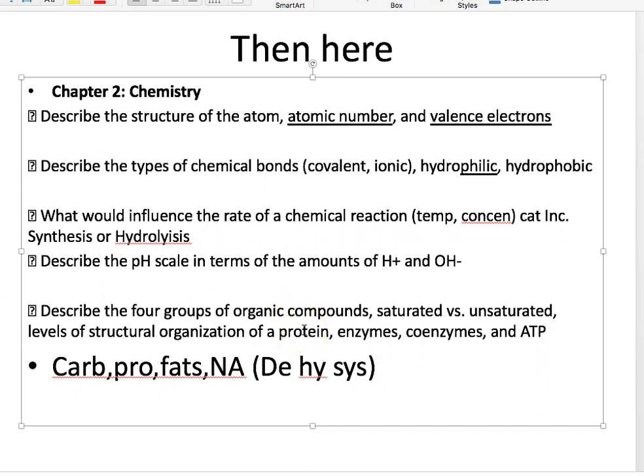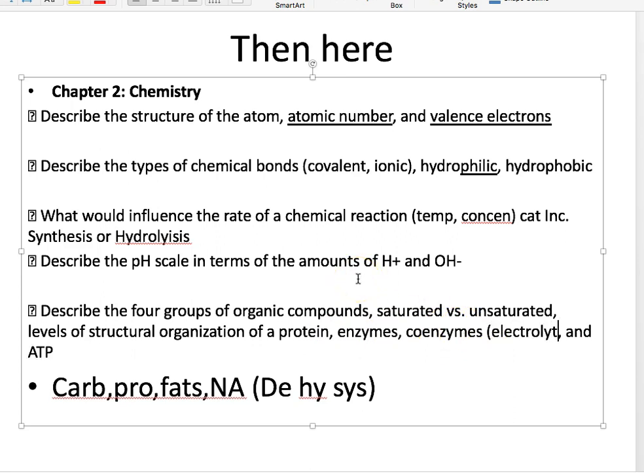Primary, secondary, tertiary. Enzymes require a specific conformational shape, and some of them require coenzymes. And notice what we did here: up here I called these catalysts. Down here, because they're protein, these are enzymes, and coenzymes are electrolytes. Okay.